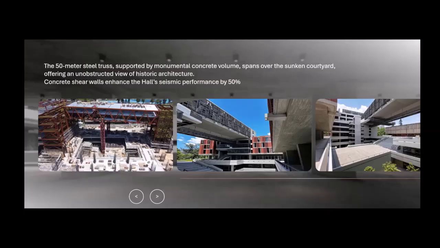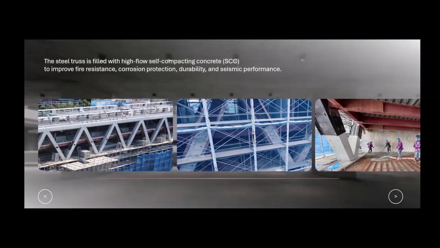The 50-meter steel truss, supported by monumental concrete columns, spans over the second courtyard, offering an unobstructed view of historical architecture. Concrete shear walls enhance the hall's seismic performance by 50%. The steel truss is filled with high flow, self-compacting concrete to improve fire resistance, corrosion protection, durability, and seismic performance.